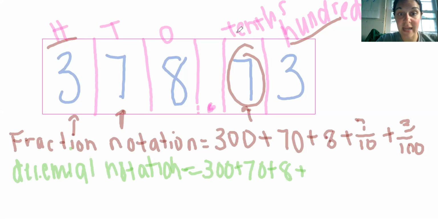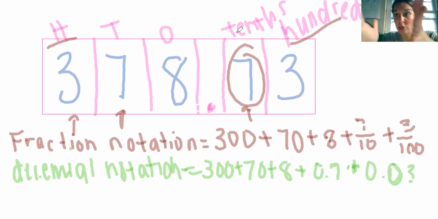Remember, we just look at it, okay? So it's 0.7. Then plus my hundredths, 0.03. And when we smush all of those together, that's when we get our full number of 378 and 73 hundredths, okay?